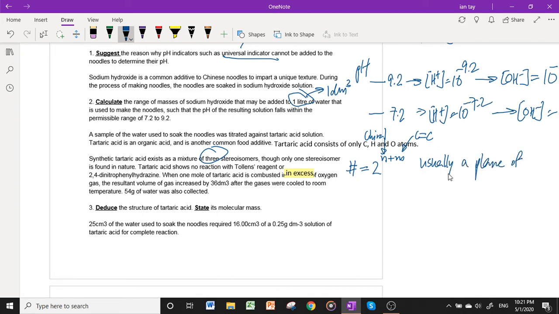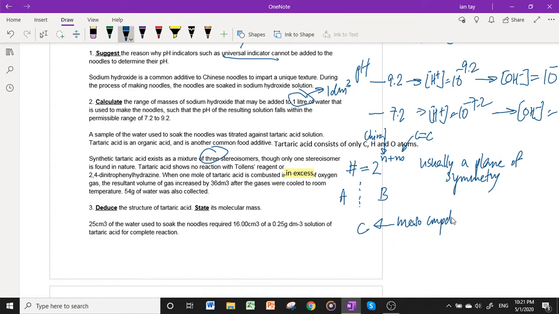So you have, say, A, and then A's mirror image B. But you also have C, which is a meso compound with a plane of symmetry. A and B don't have a plane of symmetry, and they are stereoisomers of each other, enantiomers.